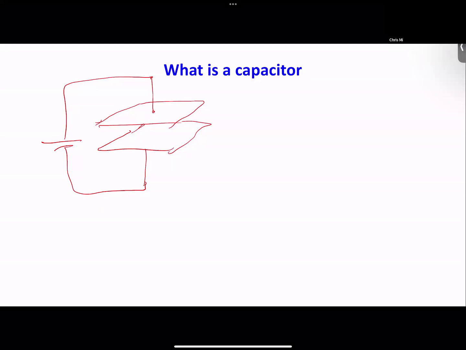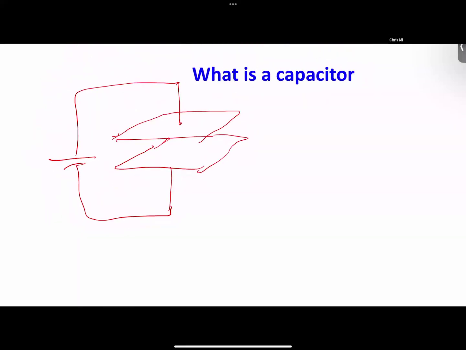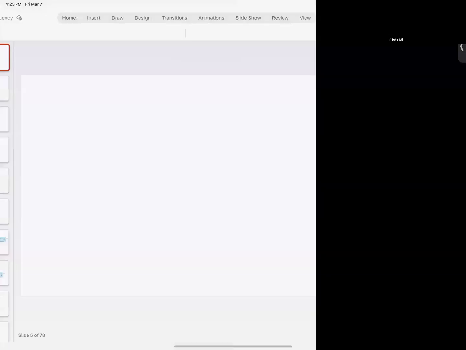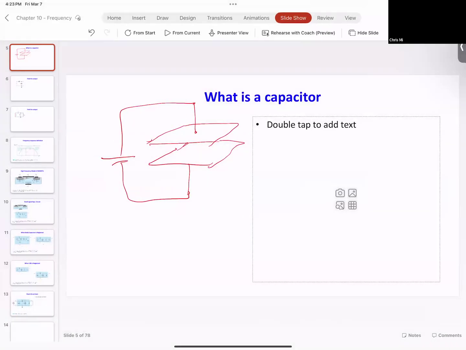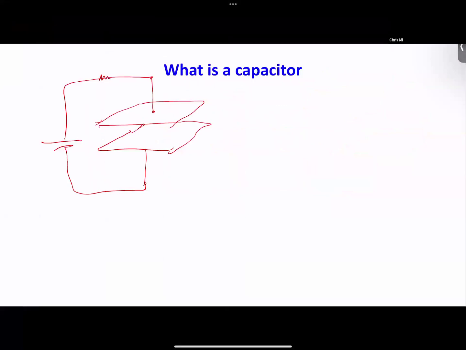Basically, if it's DC, you only have current like this. In some circuits you'll see a little bit of resistance in here to limit how much current you charge with. If you apply voltage directly to a capacitor, in theory you cannot do that because it's going to create a huge amount of current.